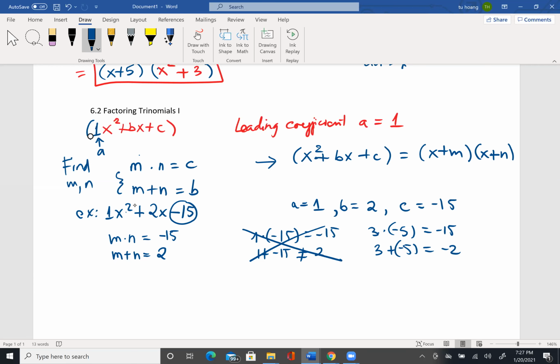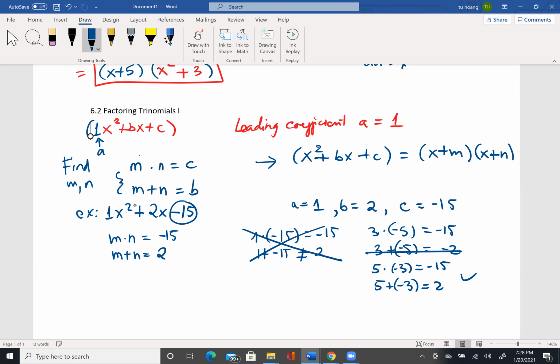Oh, almost, right? The only thing is the negative and positive. So this doesn't work. Now I want to change it back to 5. So 5 times negative 3 equals negative 15, and 5 plus negative 3 is equal to 2.